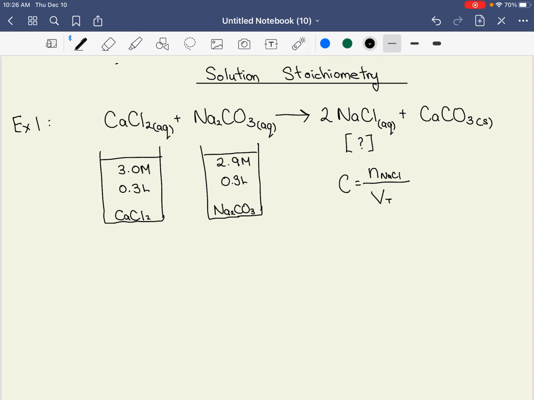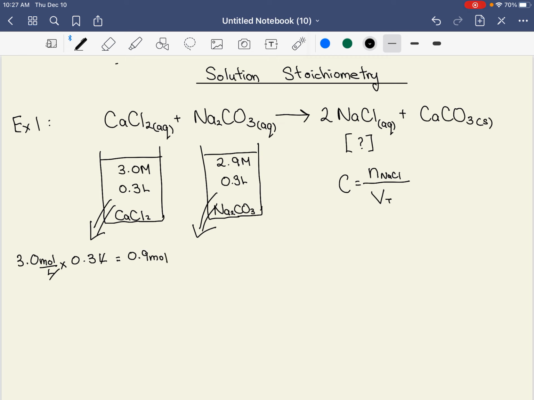Before we do that, we might want to find out how many moles are in here and how many moles are in here. Okay, so that's 3.0 moles per liter times 0.3 liters. Okay, so that would be, I am breaking out my calculator because I'm too lazy to calculate that in my head, even though it's so simple.